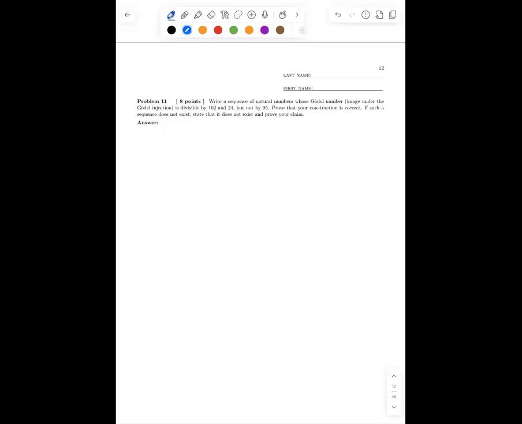So first I need to start dividing 102. And in order to write the sequence of natural numbers whose Gödel number, you will have something like that and some numbers in between.